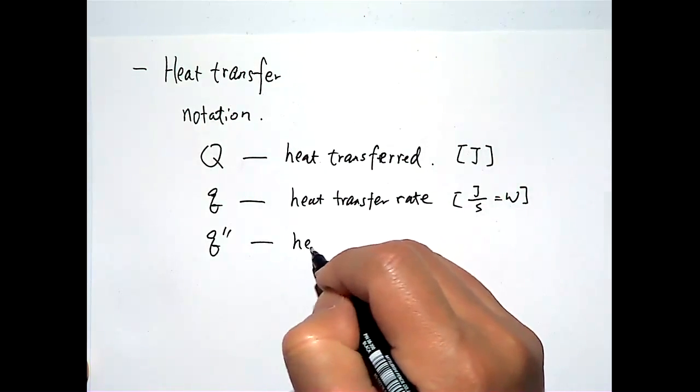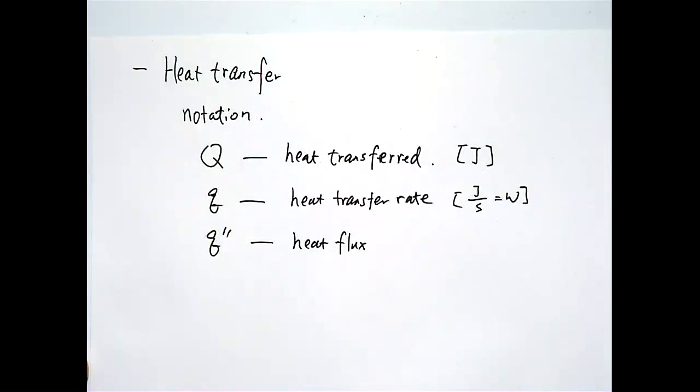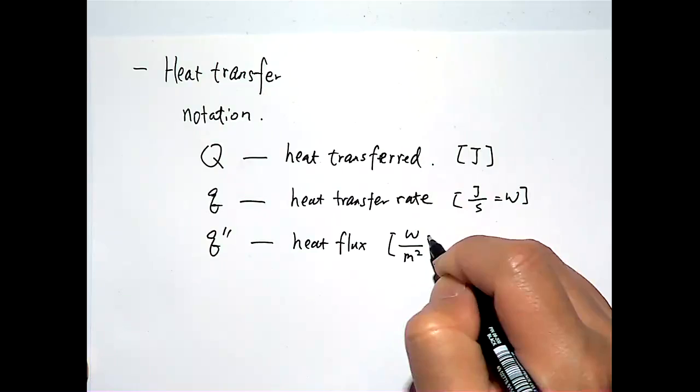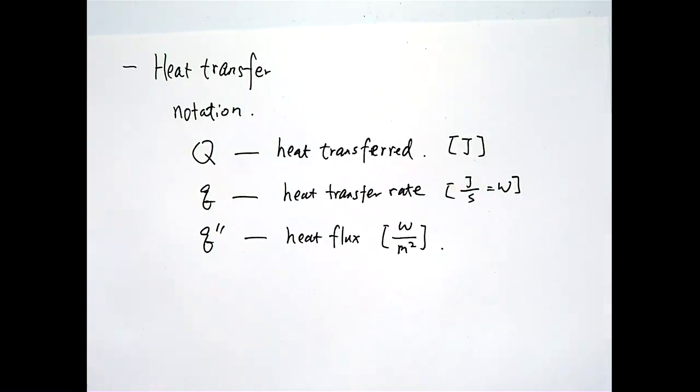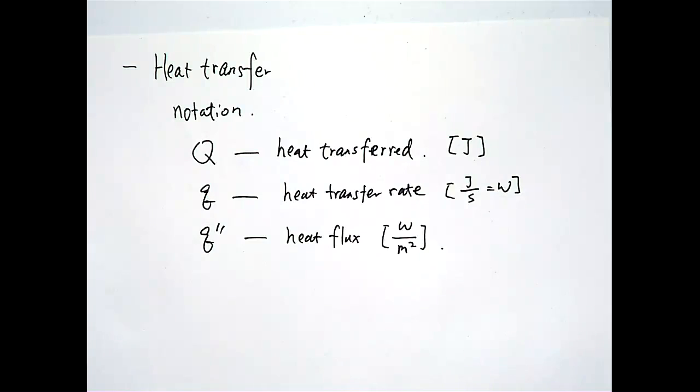That's called heat flux, and it has a dimension of watts per meter square. That's how much energy is transferred per second and per unit area. So that's the term we use more often.